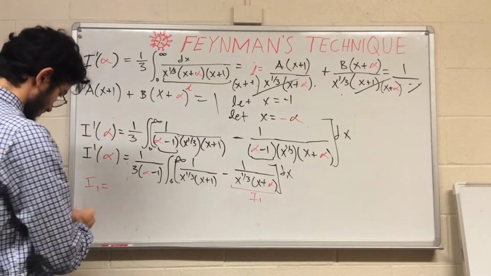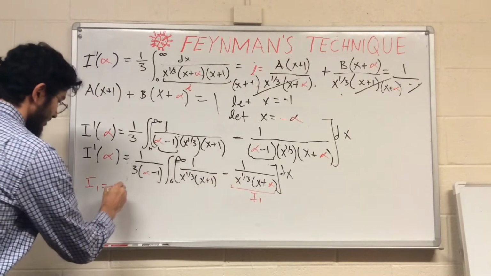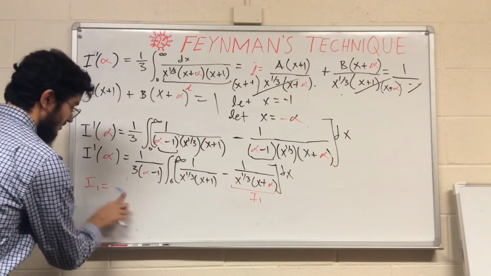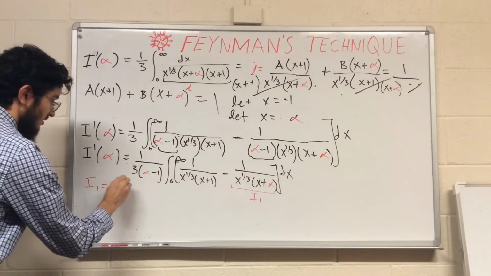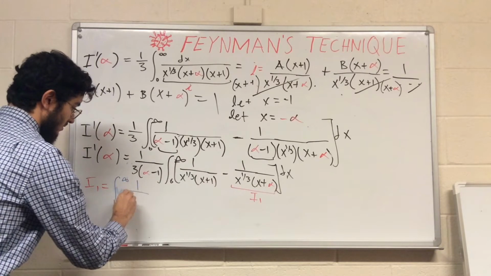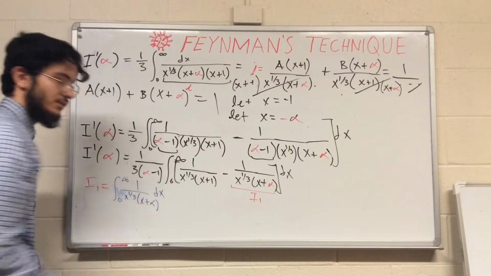So I1, okay, in this case, let me use another color now. So I1 will be the negative. Let's forget about the negative for now. We know we have a negative. So it's just the integral from 0 to infinity of 1 over x to the 1/3 times x plus alpha dx. Okay?